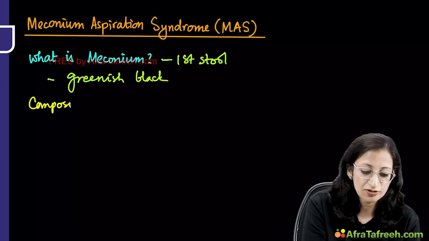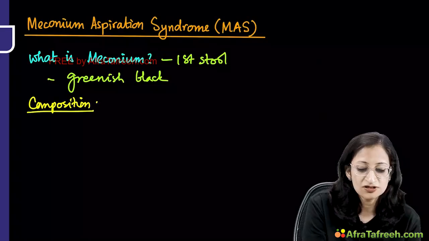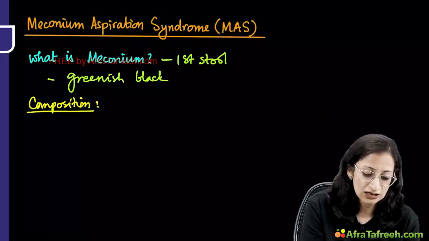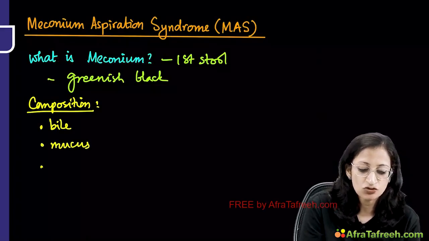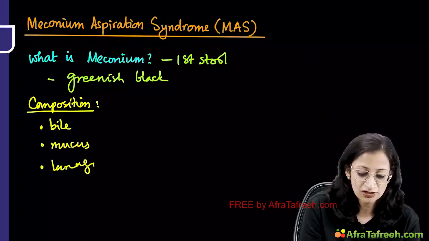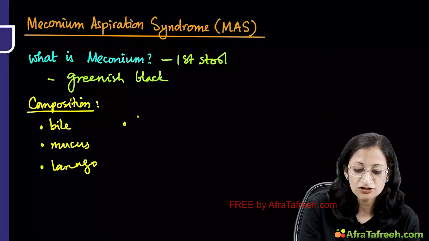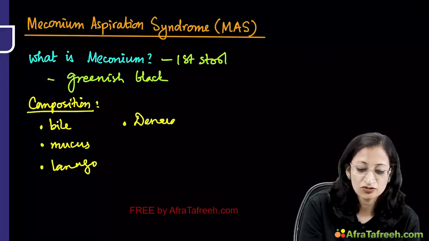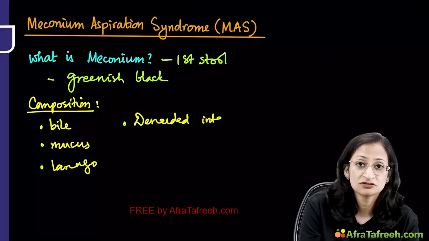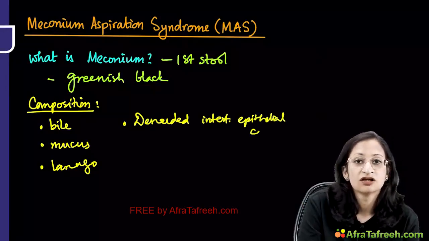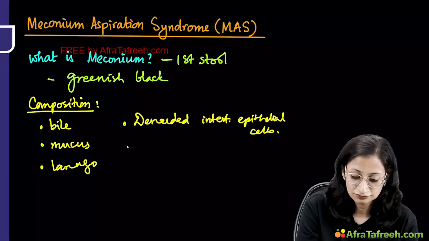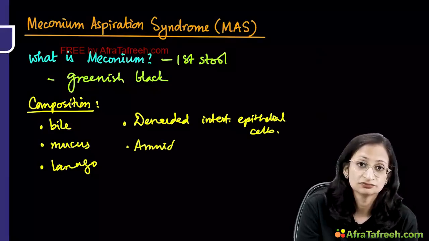So meconium is basically comprised of bile, mucus, lanugo, that is the hairs present on the body of the baby, denuded intestinal epithelial cells, amniotic fluid, and water.